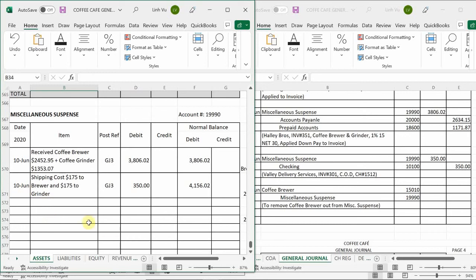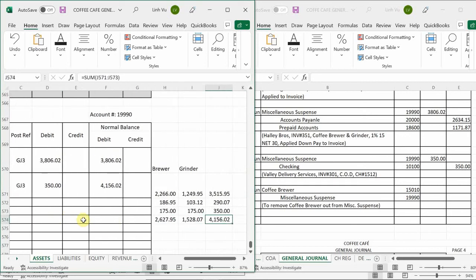So if you guys remember, on the side of my miscellaneous suspense, I've already started calculating it, right? Here's my coffee brewer. That's the price that it was worth. This is the tax. This is the shipping. So right now, that grand total for that coffee brewer is $2,627.95.